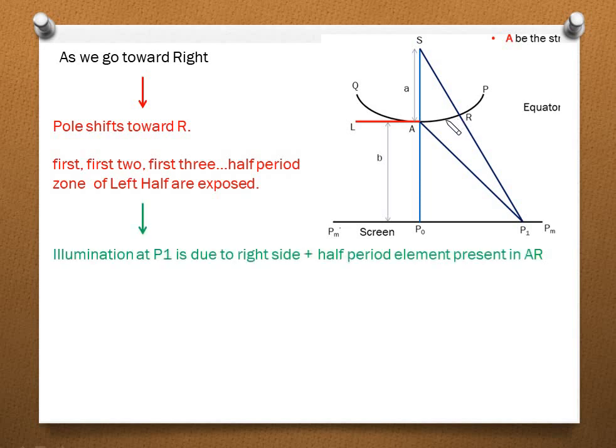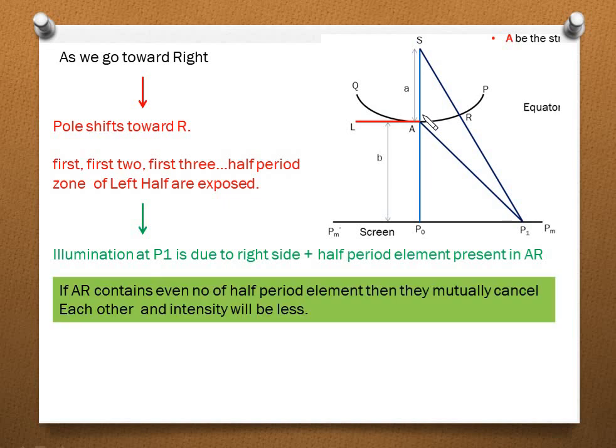Suppose we are considering P1. The amplitude at this point will be the sum of the amplitude from the right side and the half period elements present in this open window, that is AR.